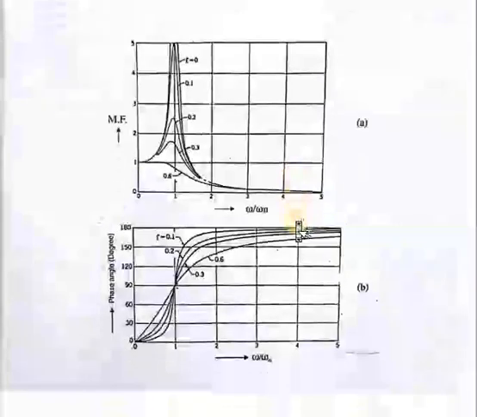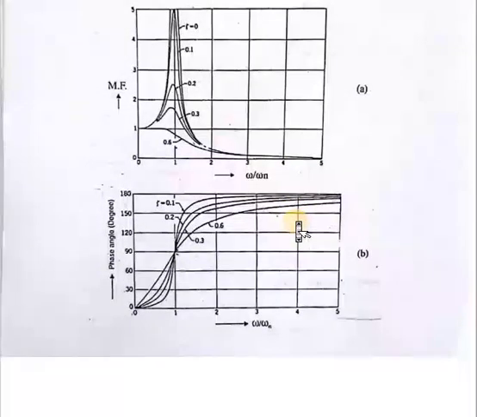Now moving further, this graph shows the plot of magnification factor versus omega by omega n for the various values of zeta, that is the damping factor.